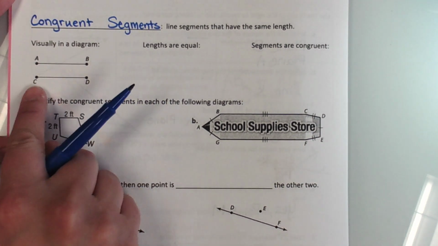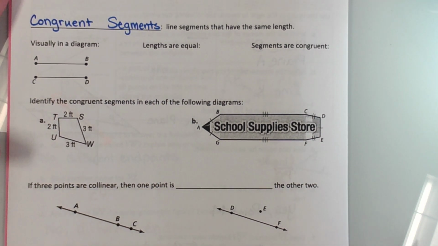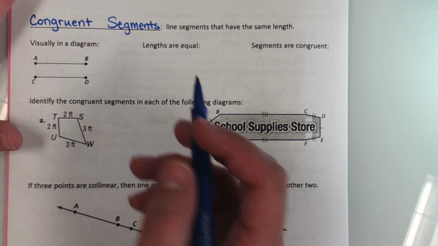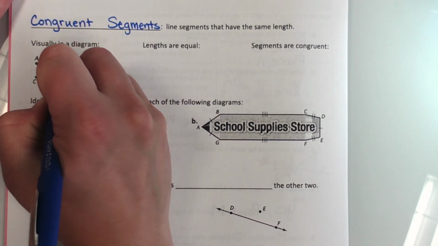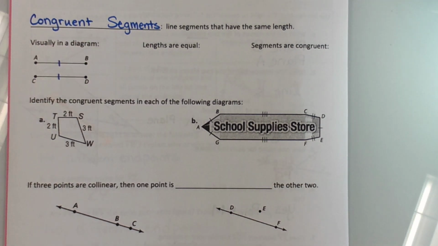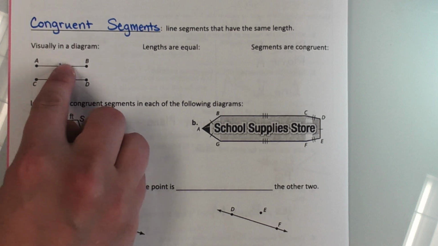Visually, if these 2 segments are the same length, they put what are known as tick marks on them, which is these little hashes that go on them, just to indicate that these are the same length. If there are numerous segments in the picture that are congruent, if they're all the same exact length, they'll all have a single tick mark.